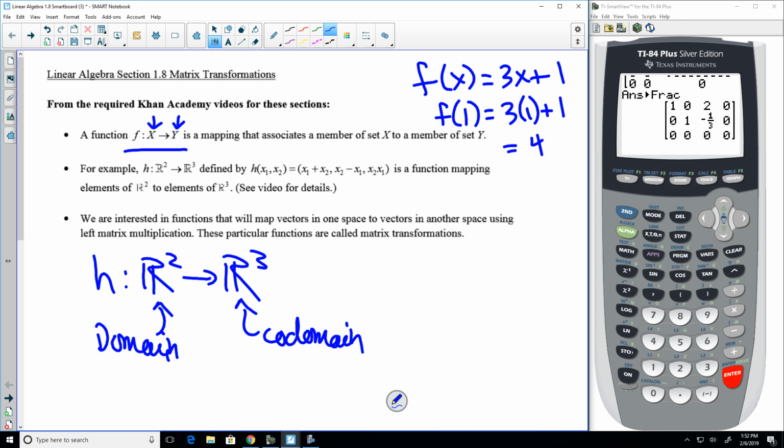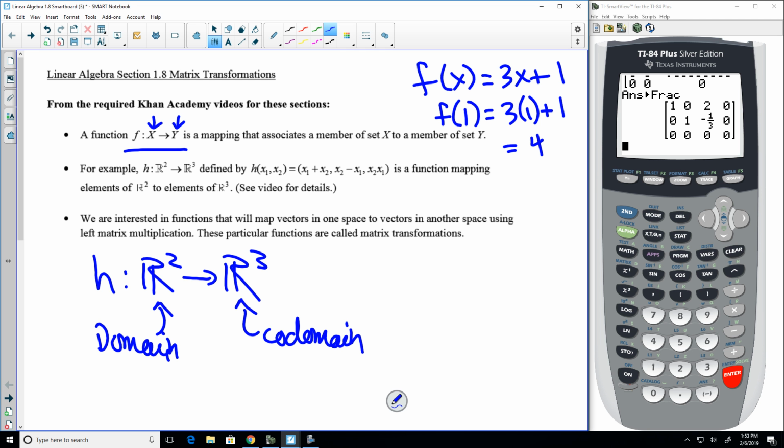Now, all of R3 may not get mapped with this mapping. What actually gets mapped is called the range. Your output vectors may be R3 vectors, but maybe they only output to a plane in R3. The plane would be the range, but the type of things that get outputted is R3. So R3 is your codomain.